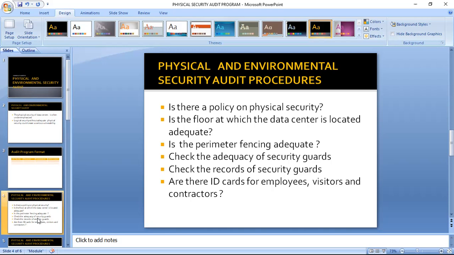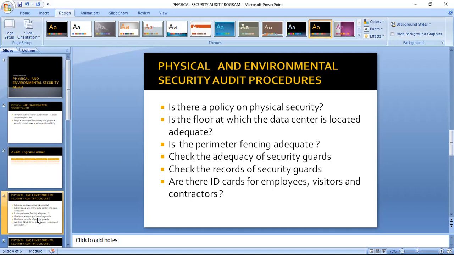Number two, is the floor at which the data center is located adequate? The floor on which the data center is sited is very, very important, especially in environmentally sensitive areas or topography where the environment is sensitive to flooding. If you locate a data center at the ground floor, it could be flooded if there is heavy rain.